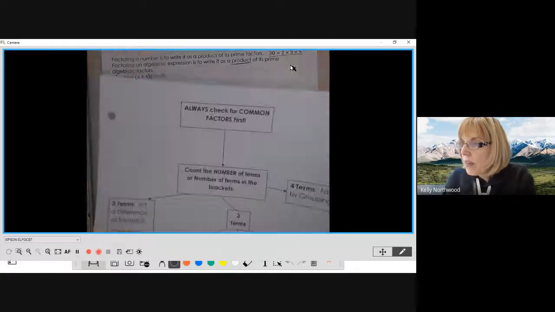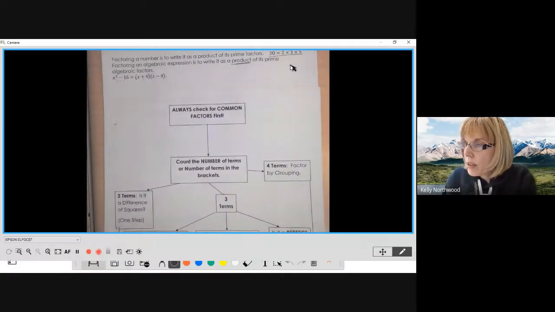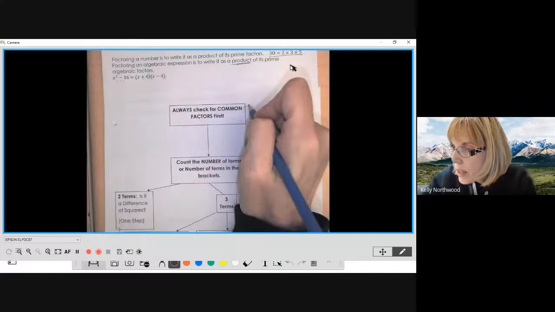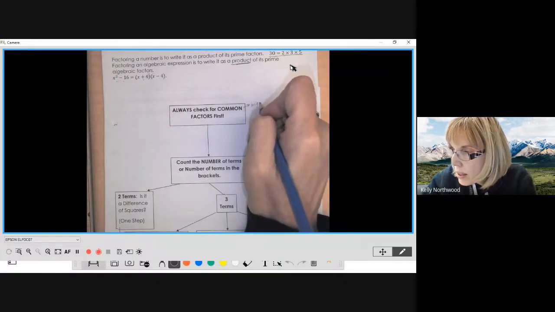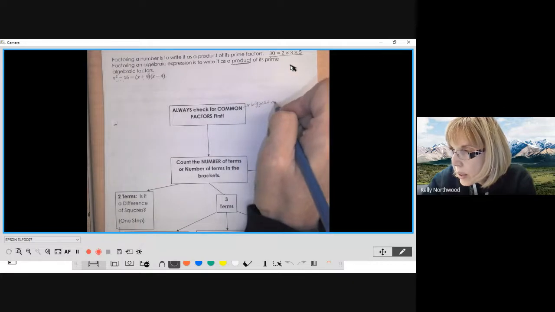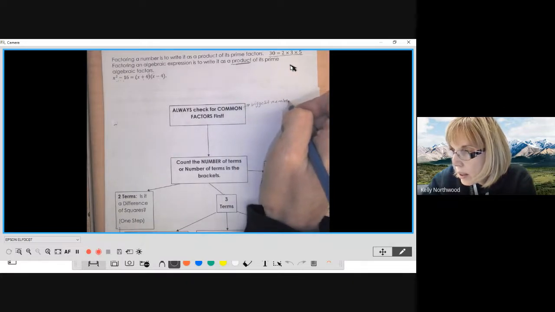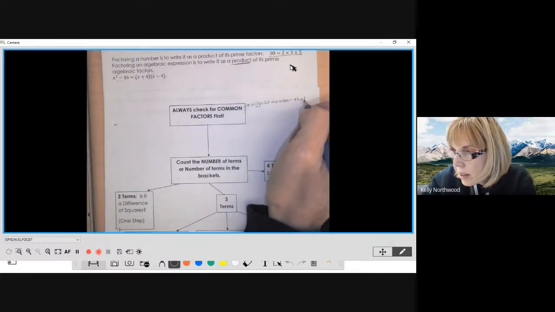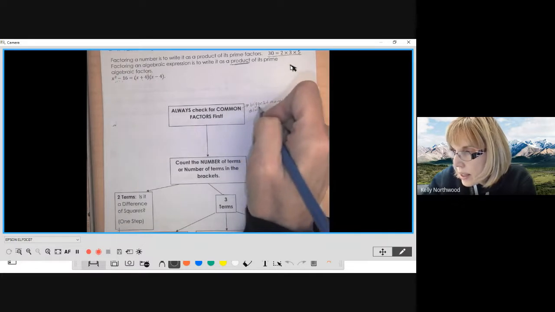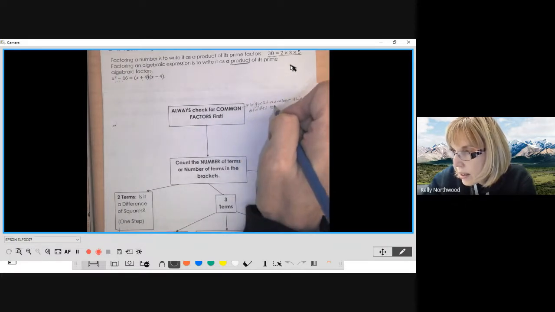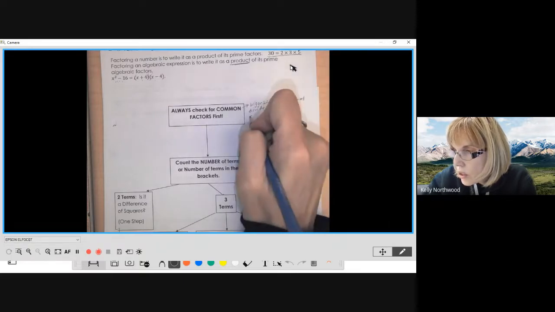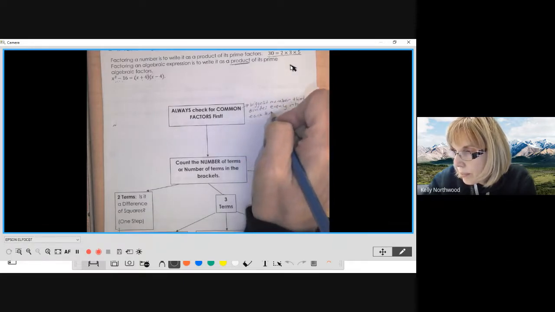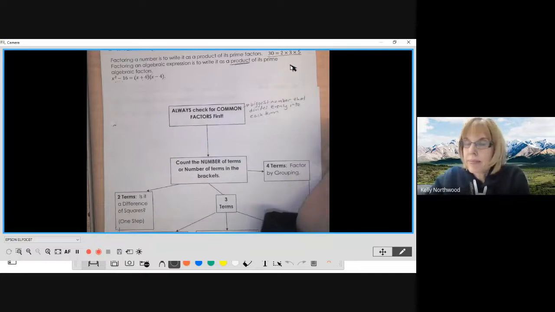So what is a common factor, first of all? You would be looking for the biggest number that divides evenly into each term. So that's the number part.